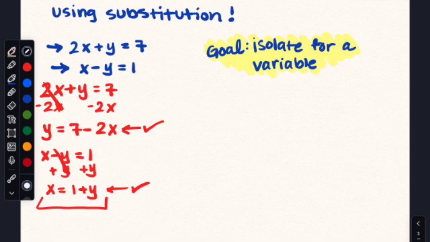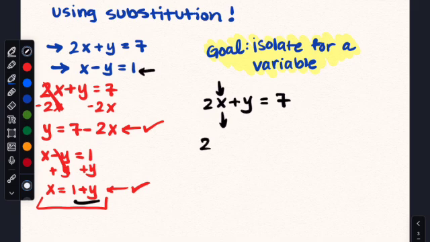Because I picked the equation that I isolated x for right here, we are going to substitute x for 1 plus y, meaning with my other equation, 2x plus y equals 7, I'm going to take that x, and instead of writing x, we're going to write 1 plus y.